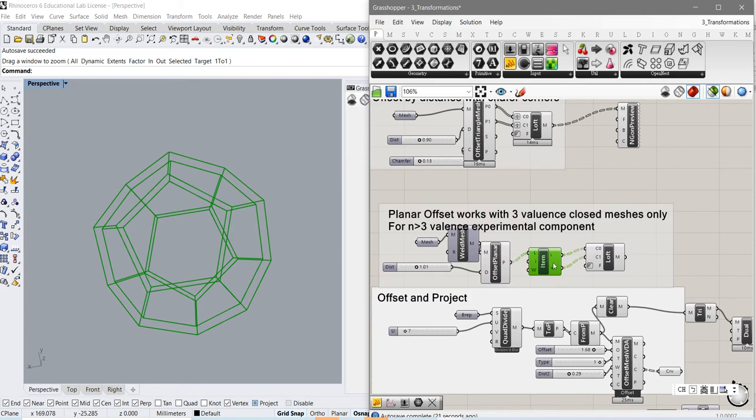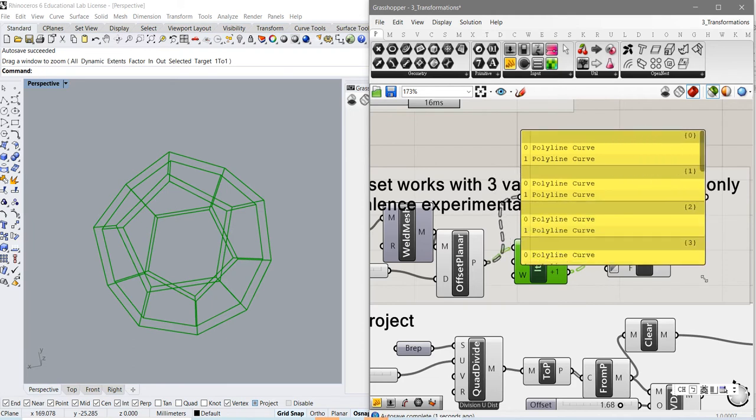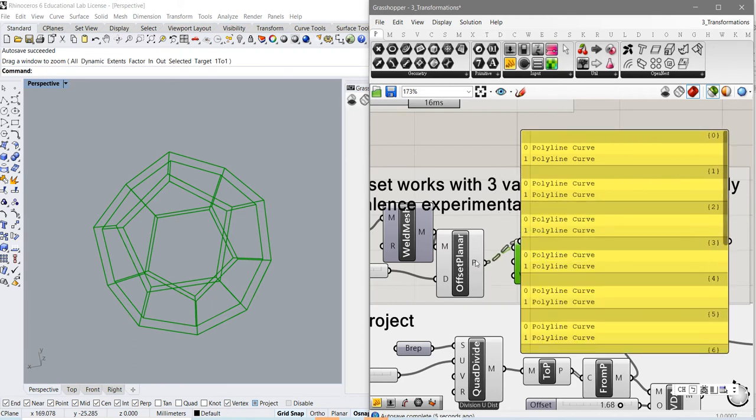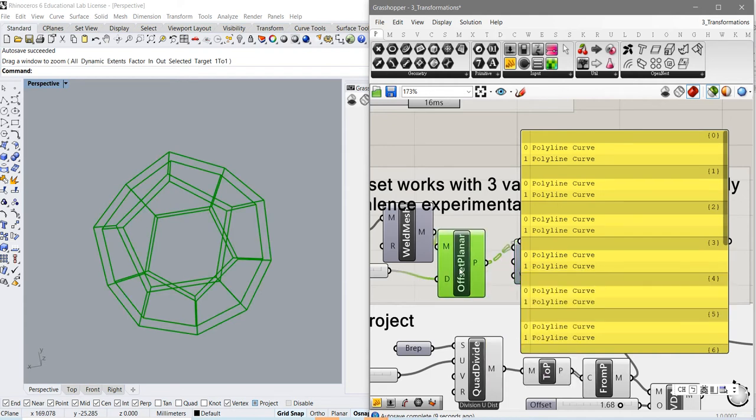Okay, why do they need to take this? Why? This is weird. Not weird. I mean, if you understand it, then it is not weird. You see this data structure. It consists of many polylines.